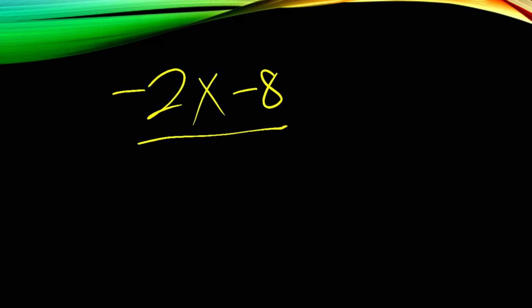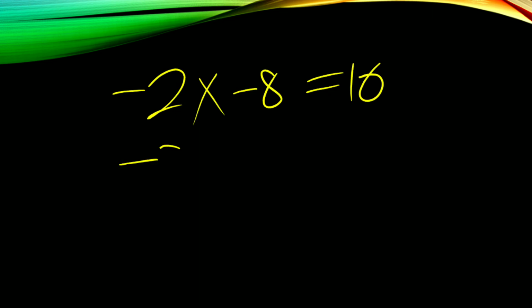Let's see here, minus 2 multiplied by minus 8. You can check both integers have the same sign, so the answer comes plus 16. Next, minus 8 multiplied by minus 3.